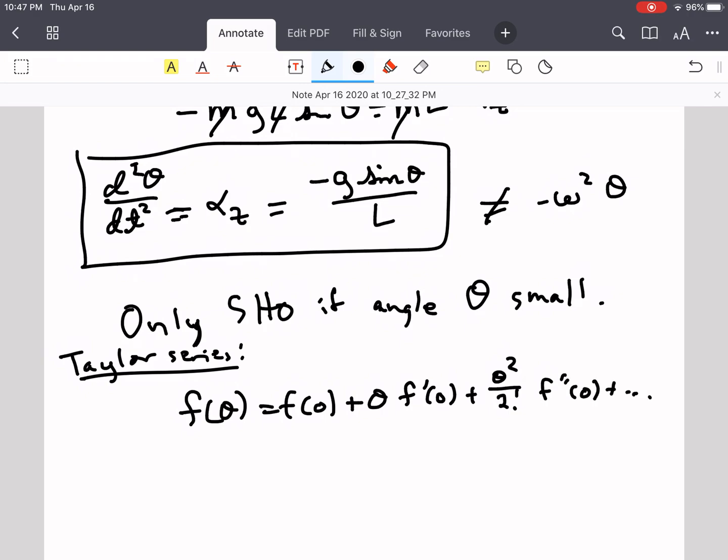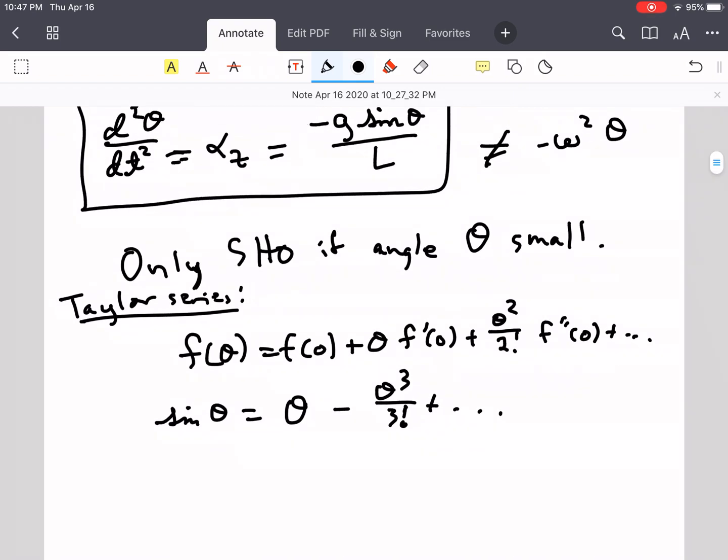If you do this for sine of theta, what you may know is that f of 0 is 0, sine of 0 is 0. The first derivative is 1, that's cosine, so that's theta. And the next correction is theta cubed over 3 factorial, and so on. At leading order, if theta is very small, then theta is much, much greater than theta cubed.